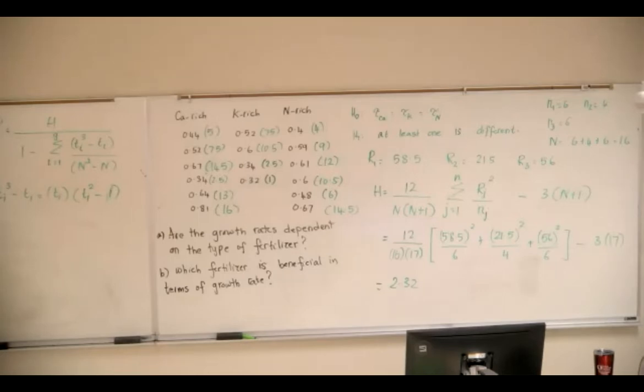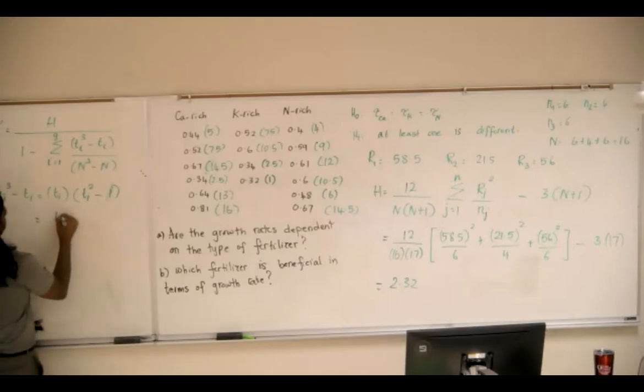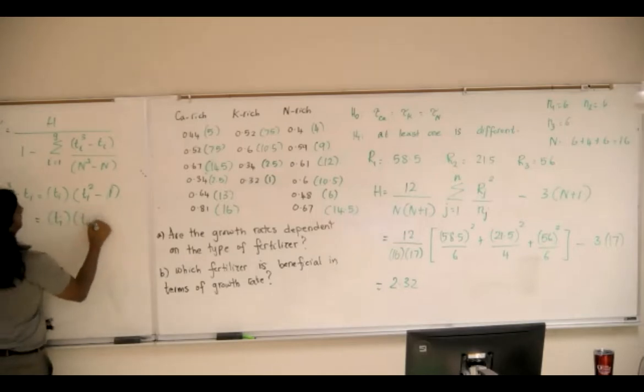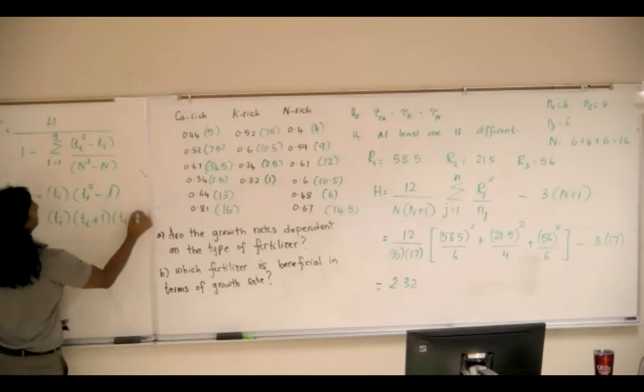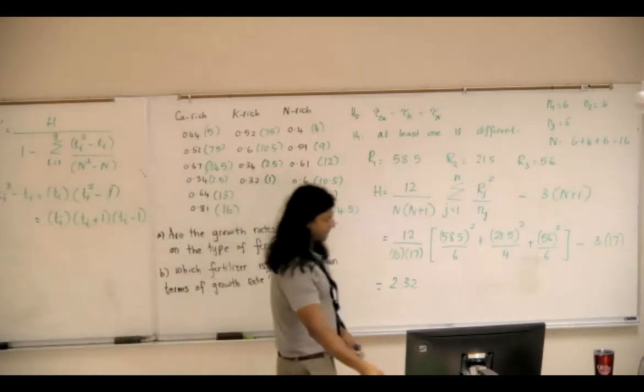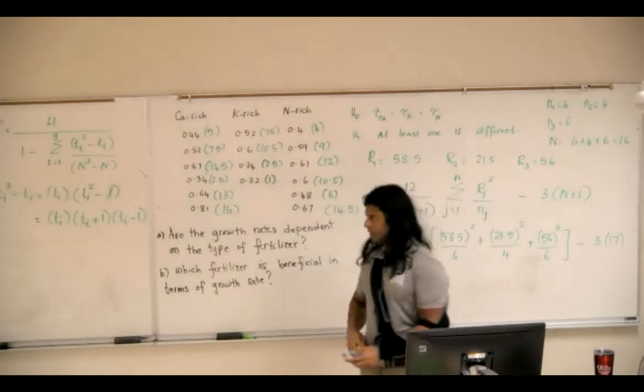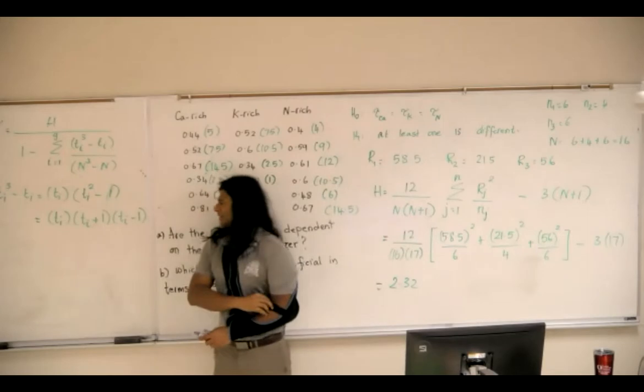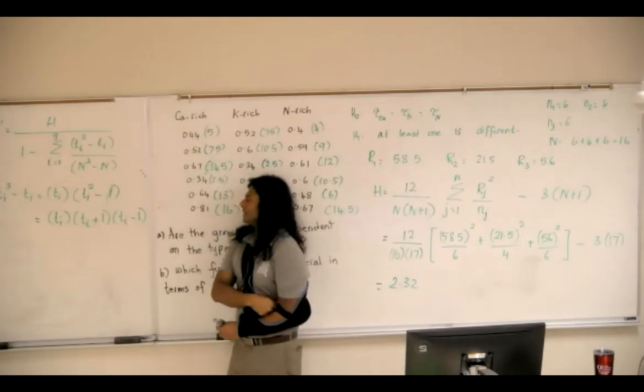But algebra, what is a squared minus b squared? A minus b times a plus b, a plus b times a minus b. If you go back and look at the Wilcoxon formula, you would have had a term similar to that, don't we recall? Denominator, we had n times n plus 1 times n minus 1. In one of those cases, same argument, you would get n times n plus 1 times n minus 1.